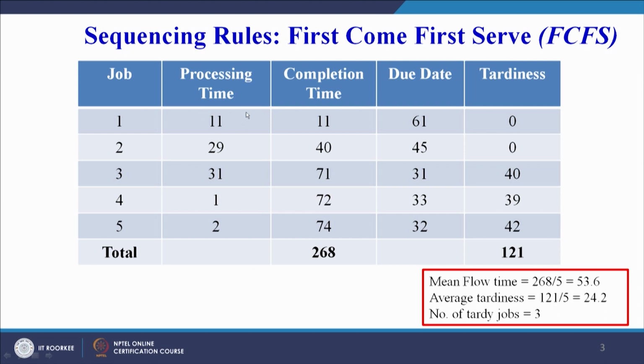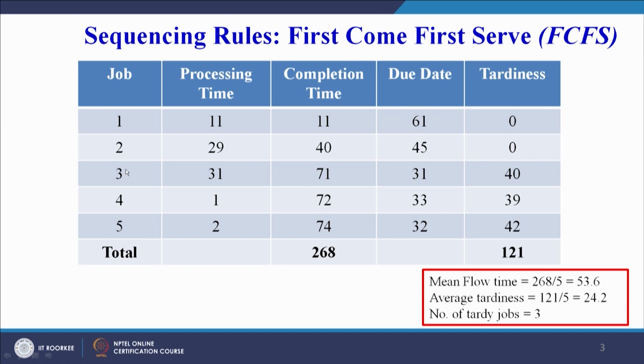So 11 time units are spent there, and 29 units of time are spent for job 2. So we add 29 plus 11, completion time for job 2 is 40 time units, due date is 45 time units. So we can see it is not a tardy job, tardiness value is 0.